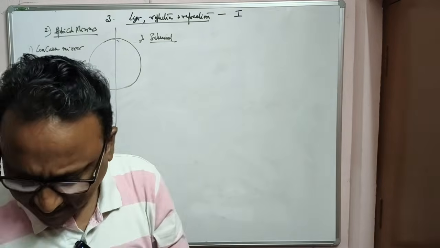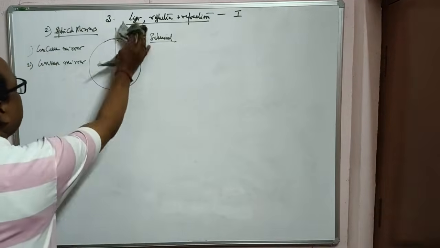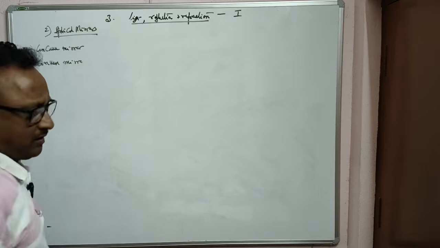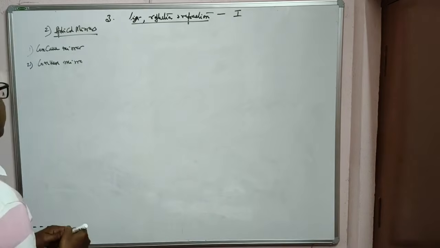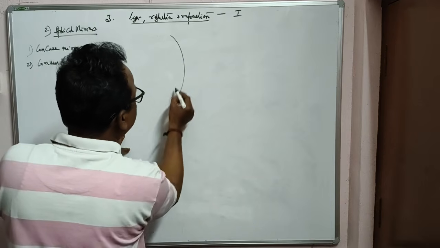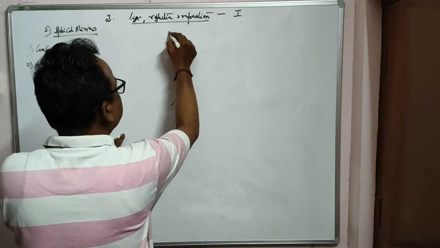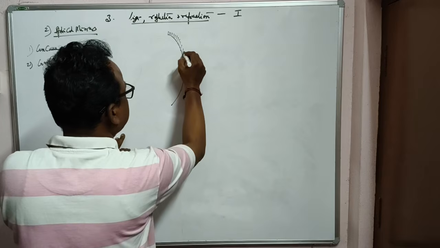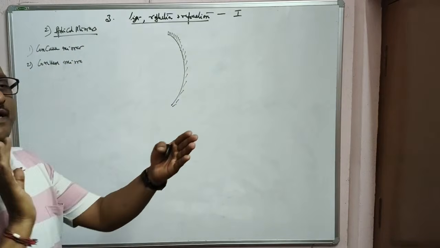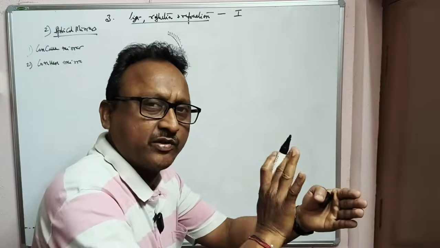Okay. Now let us see the diagrams and details for this. When can you call a mirror concave? See here, concave. Suppose the transparent material is cut in this fashion, and the outside part is concave. Cave means entering into the cave.